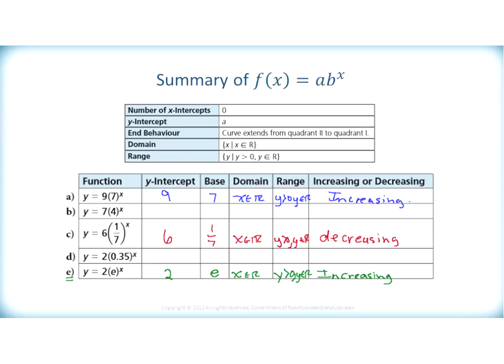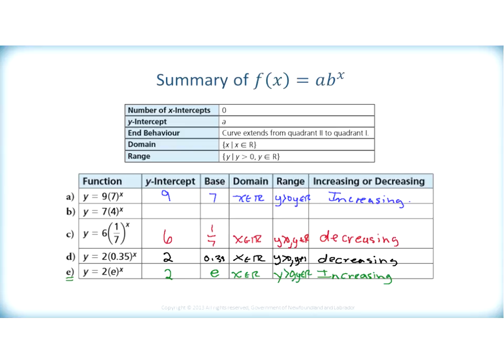For D, we have the y-intercept of 2. The base is 0.35, which gives us a decreasing function since that's less than 1 but greater than 0. The domain is x belongs to the set of real numbers, and the range is y is greater than 0.